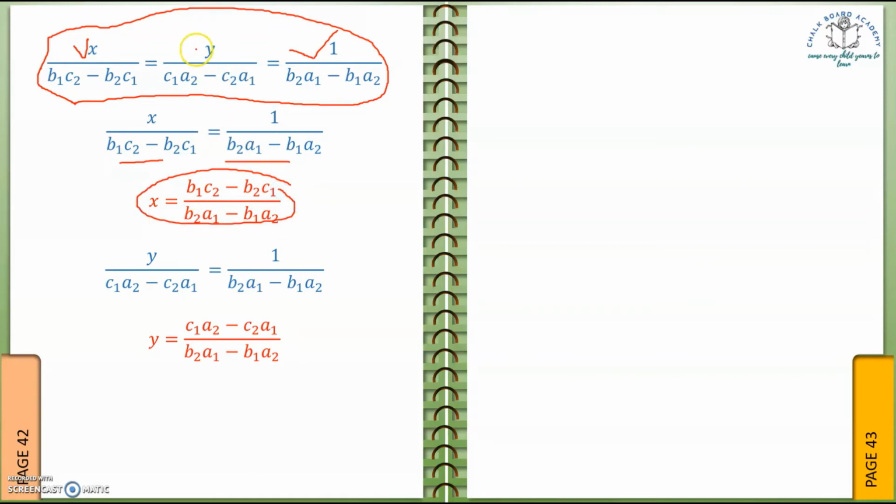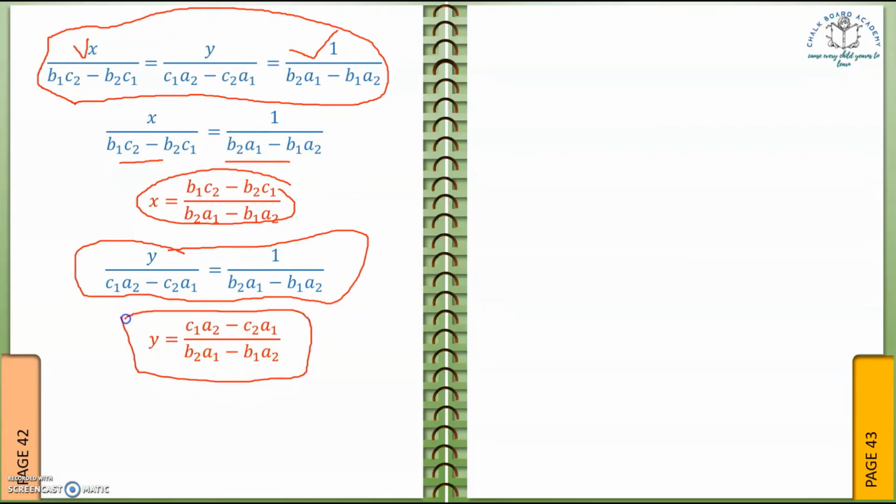Similarly for y, we will be equating the second and third ratio. So for x we got b1 multiplied by c2 minus b2 multiplied by c1 by b2 a1 minus b1 a2. Similarly for y, we got c1 a2 minus c2 a1 by b2 a1 minus b1 a2. In both the cases, the denominator is the same.